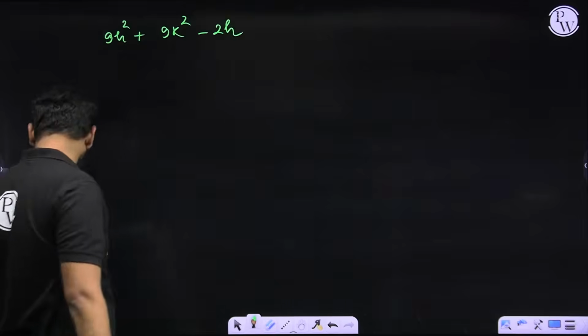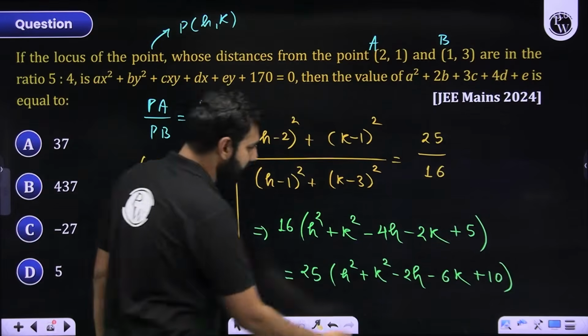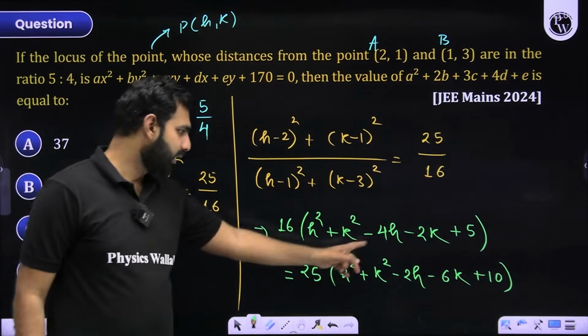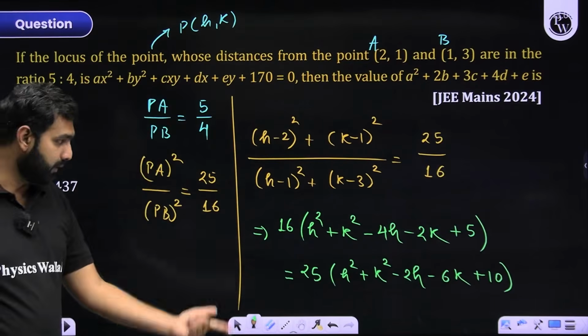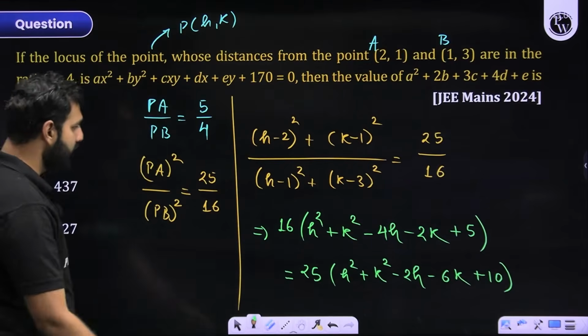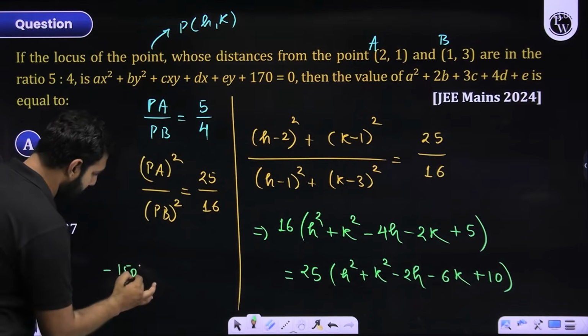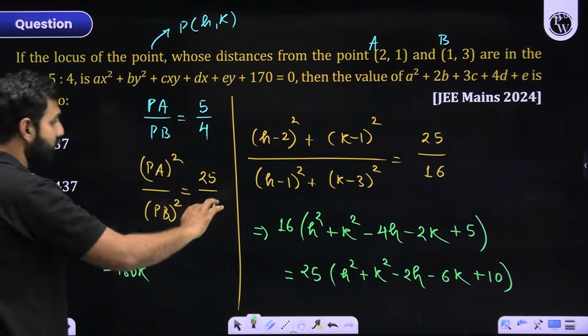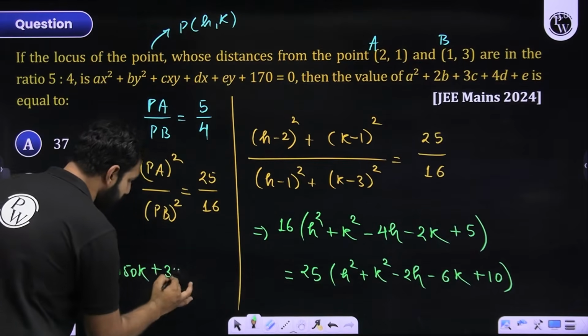Now let's talk about the coefficient of k. From here, I get 25 into 6. That I believe is 150, because double of 25 is 50, and then I need to do triple of it, which is 150. So it should be minus 150k. And here it is 16 into 2, which is 32. But that is minus 32, which comes here becomes plus 32.